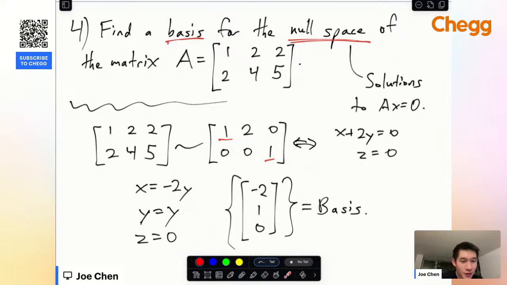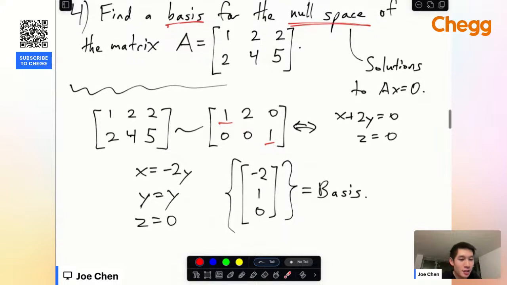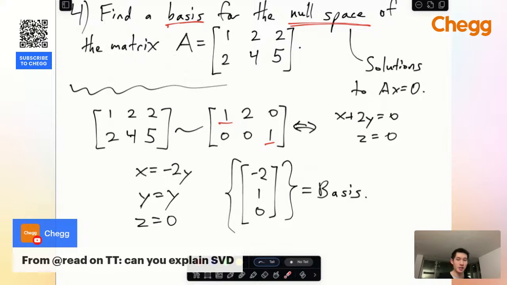Let me take some time to answer some of these questions. So I guess quickly, can you explain SVD from Reed on TikTok? So SVD, singular value decomposition, is a generalization of diagonalization, is how I would say it. Since you're asking the question, I assume you know what diagonalizing is.